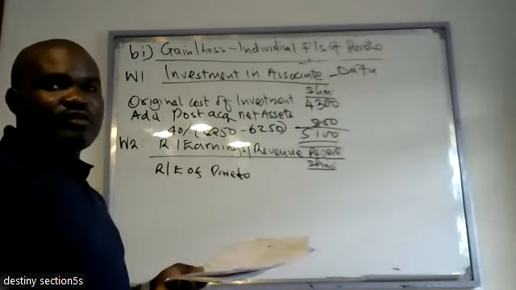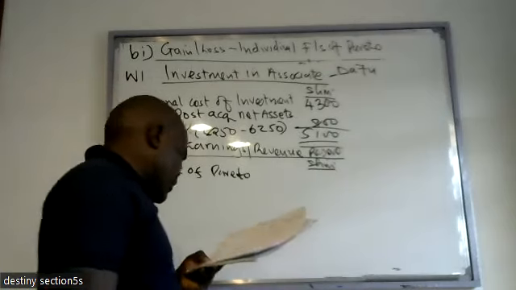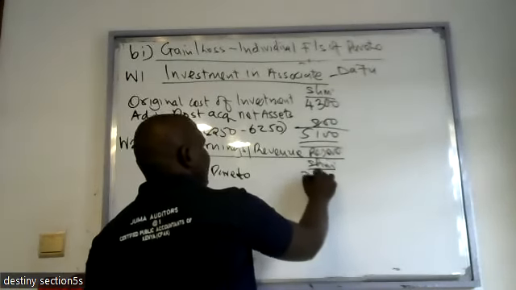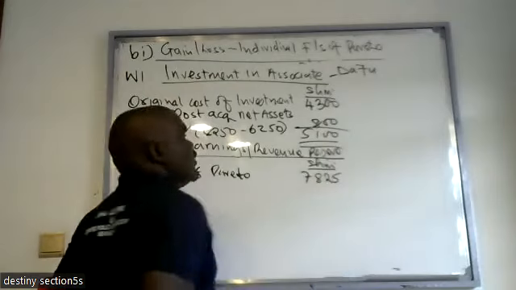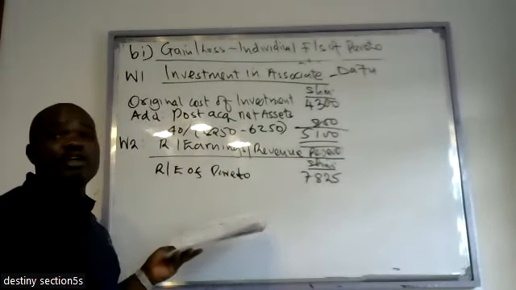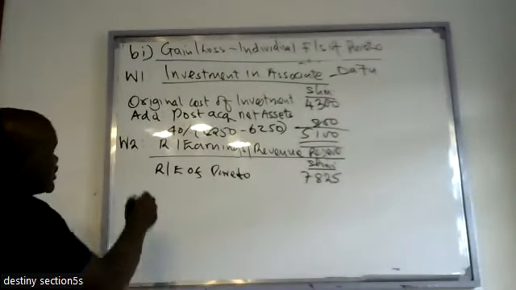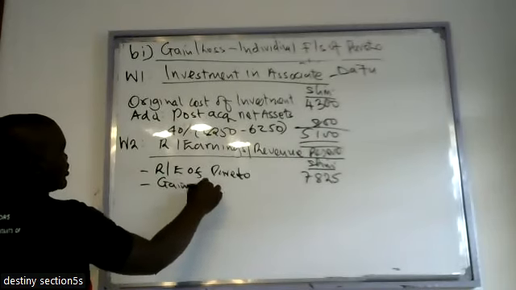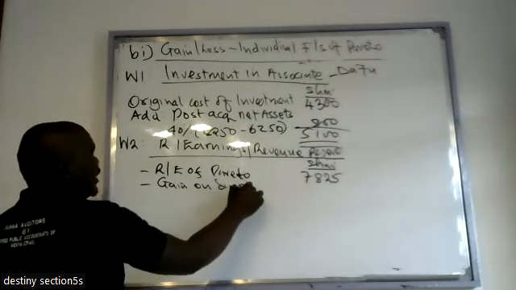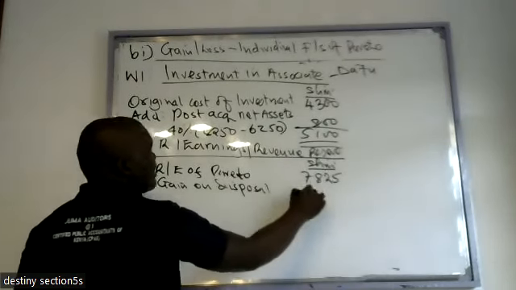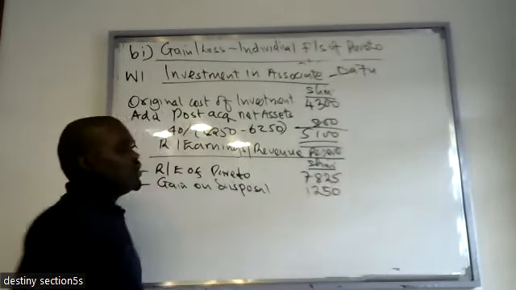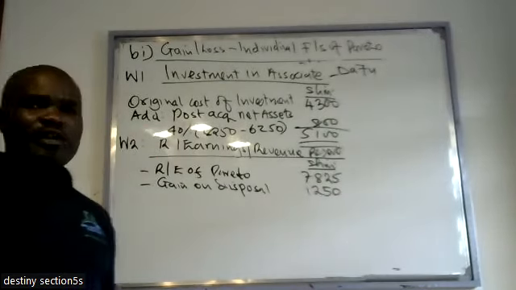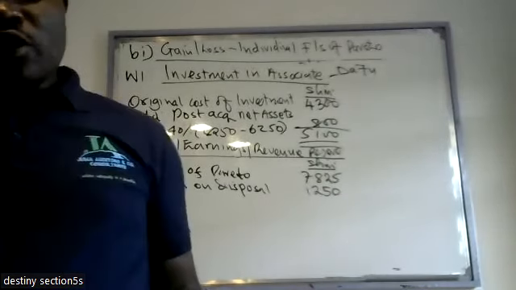Thank you so much. That is 78.25. I agree. Then this is now consolidated. We got somewhere gain on disposal. Gain on disposal, I remember we got 1250. Was it 1250 or 125? Whichever, but something close to that.